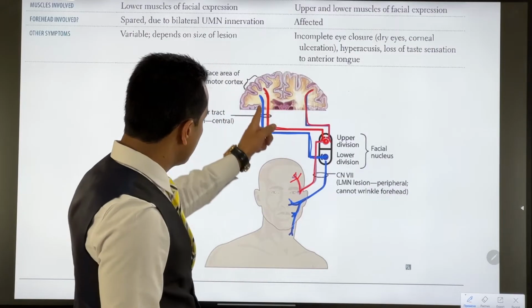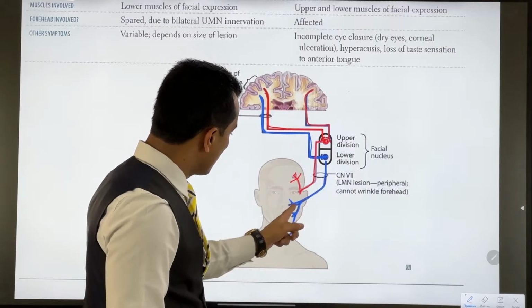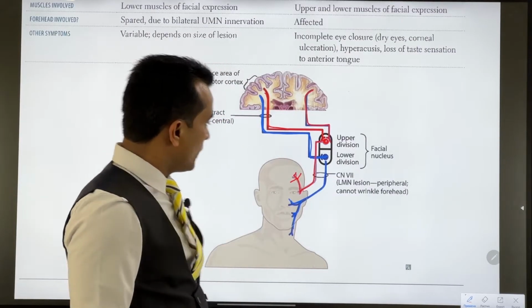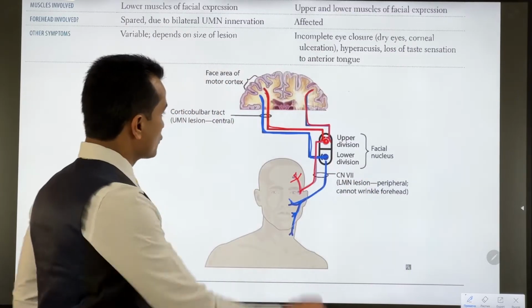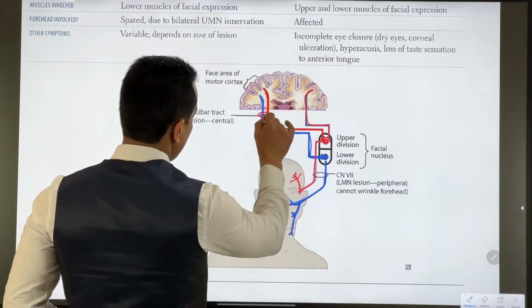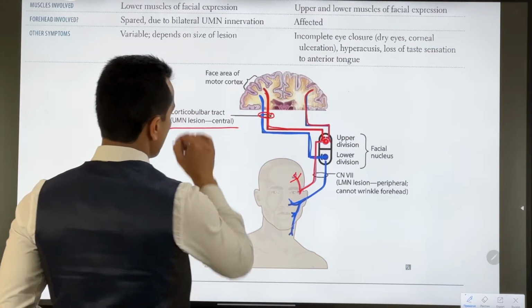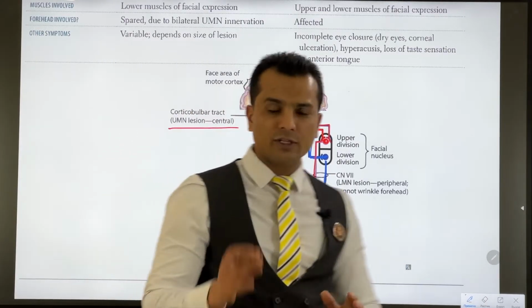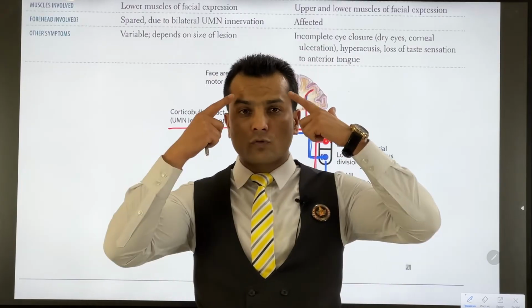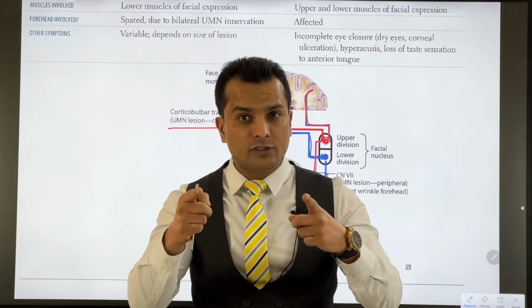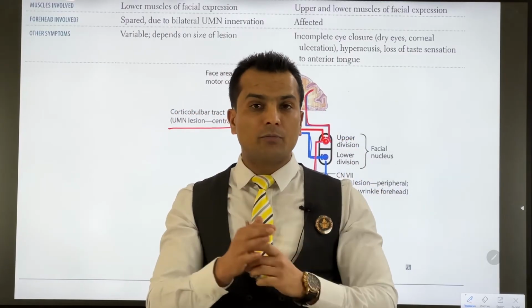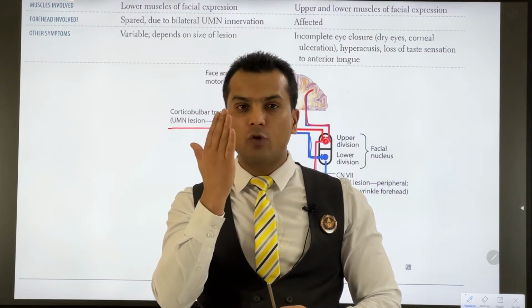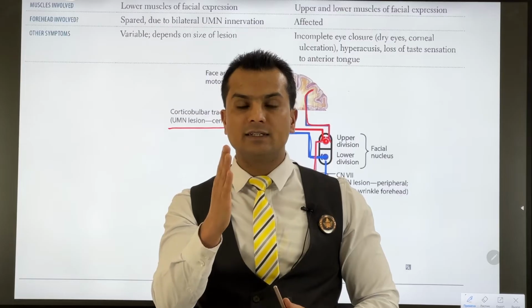You can see this is the lower face innervation. So if any person has a stroke, and that stroke is an upper motor neuron lesion, as I have told you, your forehead has dual innervation, upper motor neurons from both sides, but the lower face except the forehead has single-sided innervation. Remember please.